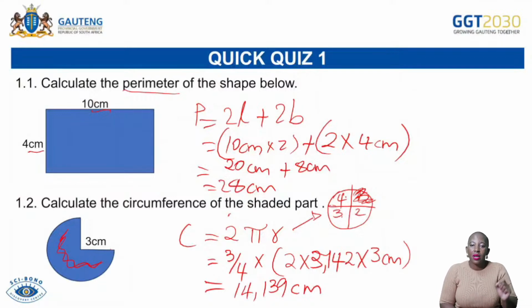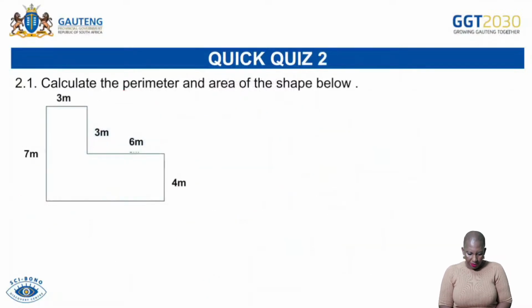And then you will round accordingly as advised by the examiner. But you must not forget that when you deal with the circumference, it is a single unit. It's the same as perimeter.